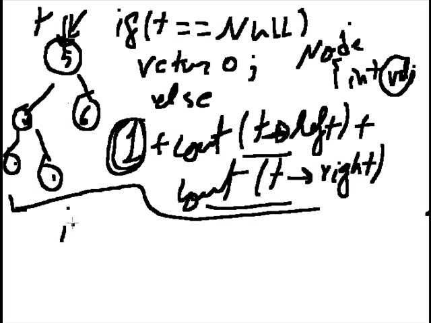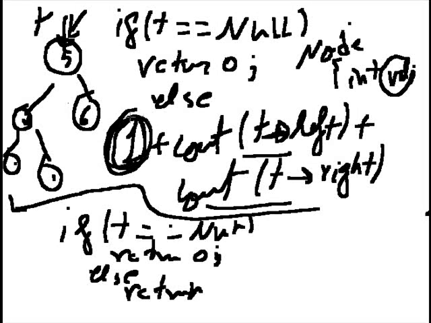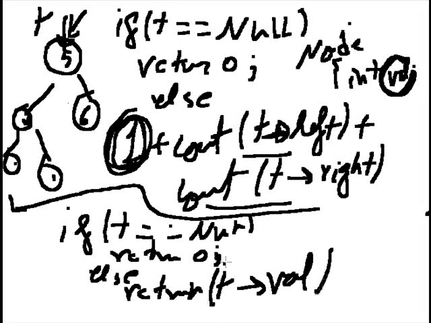So it's the same: if t equal to null, return 0. Else, return what? Instead of counting 1 here, I'm going to return t slash, what's the name of the element here? The name is value, so I will put value, plus I go to the left and I go to the right.